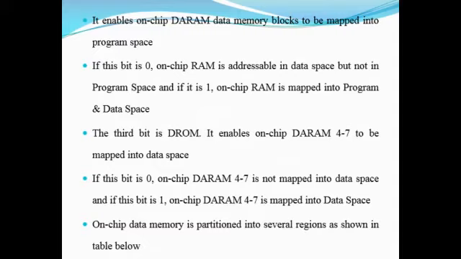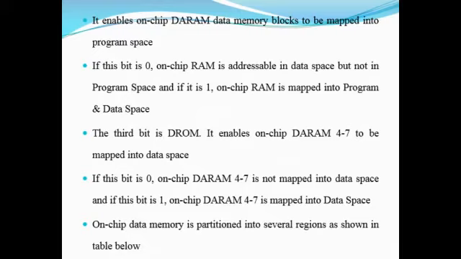If I consider that this bit is 0, then on-chip RAM is addressable in a data space but not in a program space. So earlier we discussed that if the bit is 0, then on-chip ROM is addressable, whereas here, if the bit is 0, on-chip RAM is addressable in the data space but not in the program space.